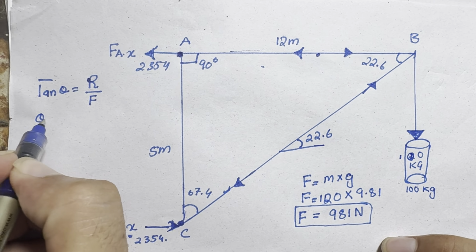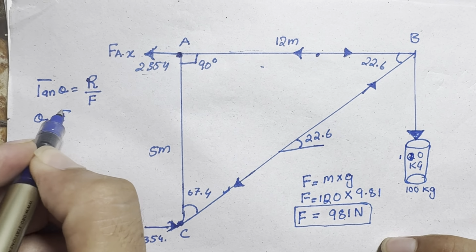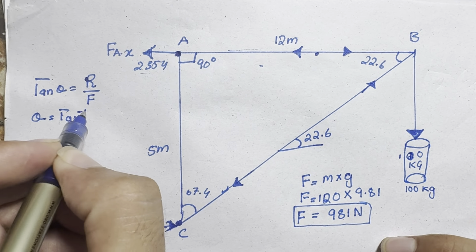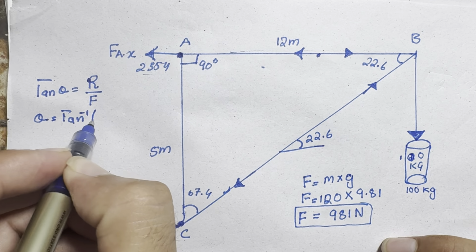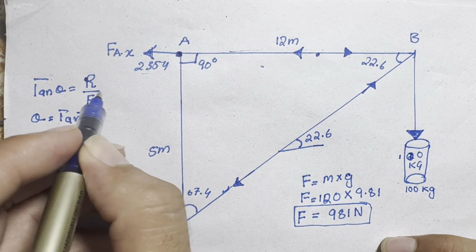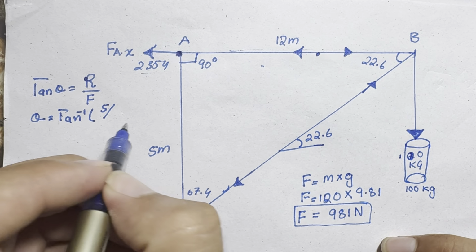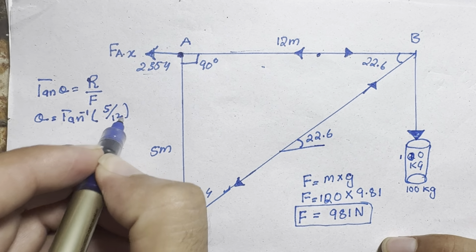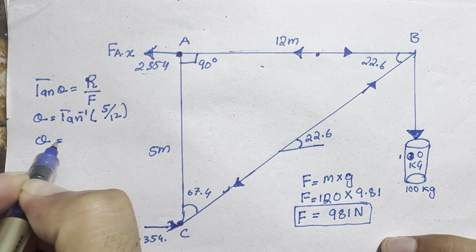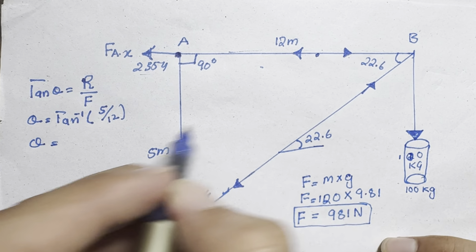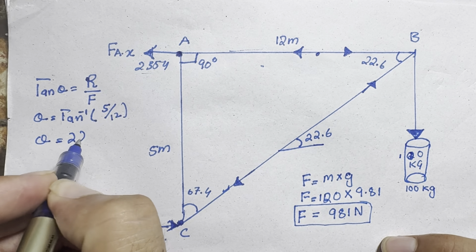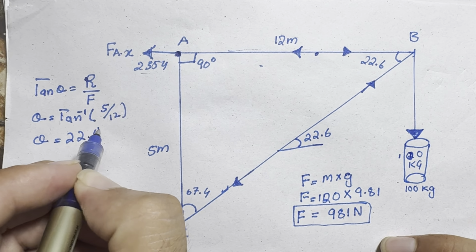So theta will become equal to tangent inverse, and now rise is 5 meter divided by 12 meter. Theta will become equal to 22.6 degree. So I have already written 22.6 degree.